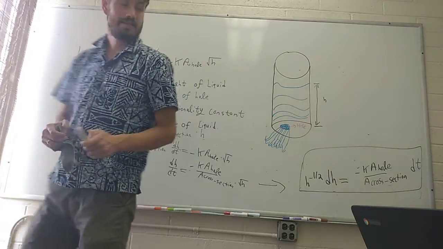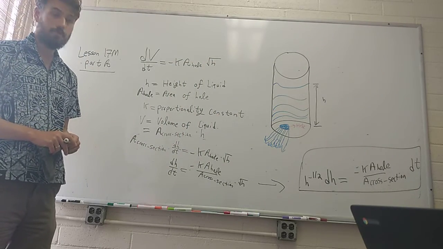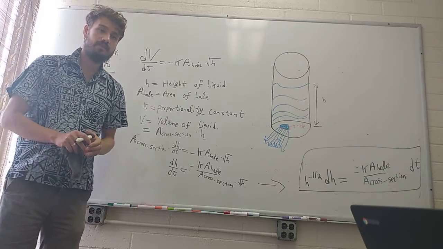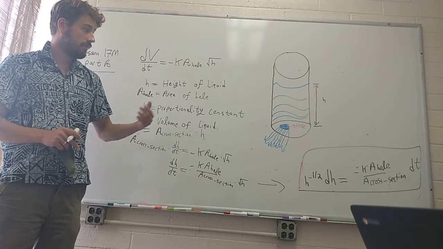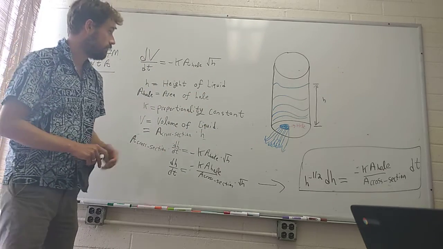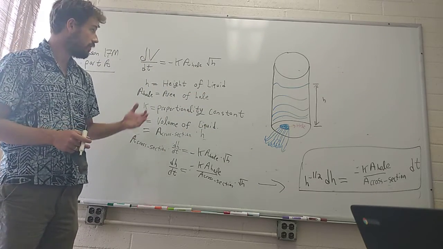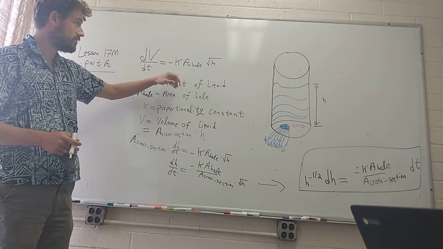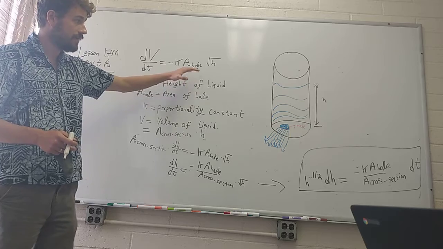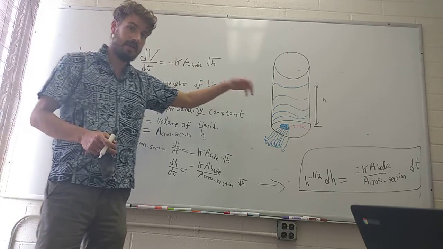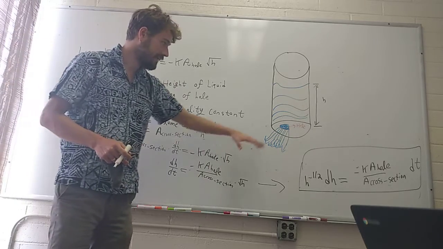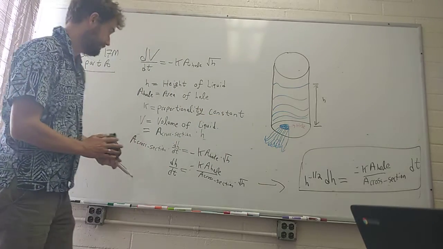So let's go over an example where we can use this to find how long it will take the liquid in a container to drain out. Now, what do we need to know for that? We need to know K, the proportionality constant, the area of the hole, and the initial height of the liquid. In solving this differential equation, we can find how long it will take the liquid to drain out.